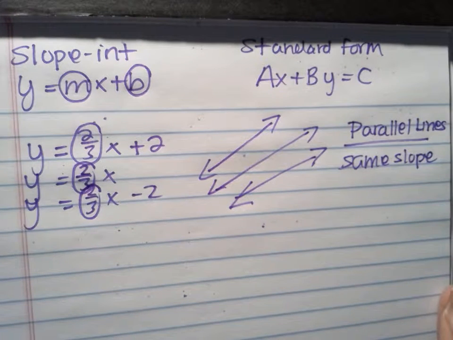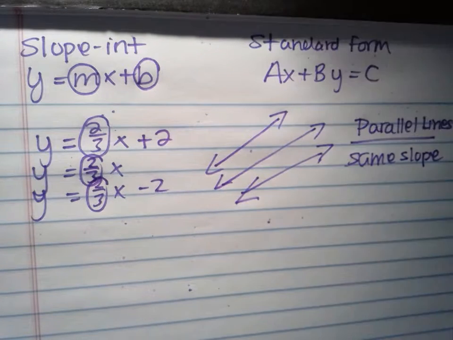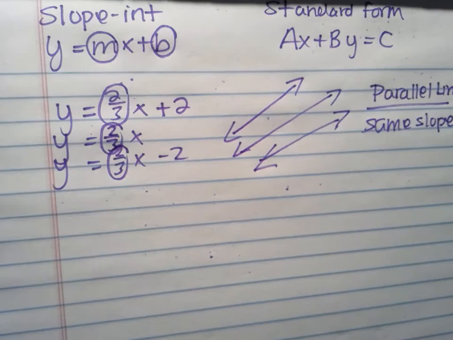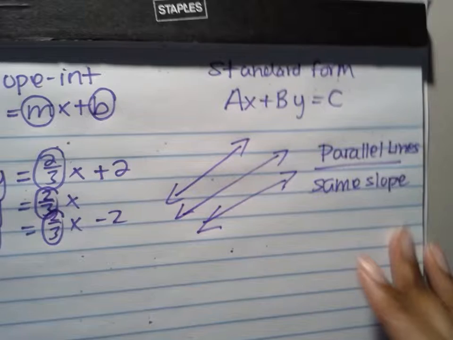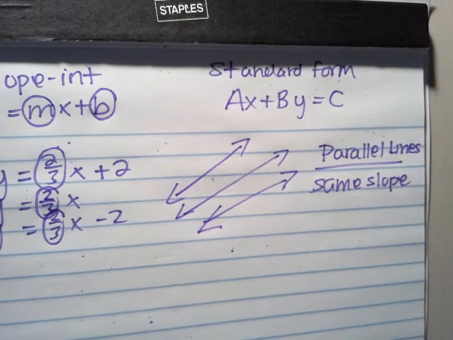All right, let's go over examples. First we're going to go over examples of changing slope-intercept to standard form. Then we're going to go over changing standard form to slope-intercept form. And a quick note for standard form, you never want a fraction. So if there's any fractions, you have to get rid of it.